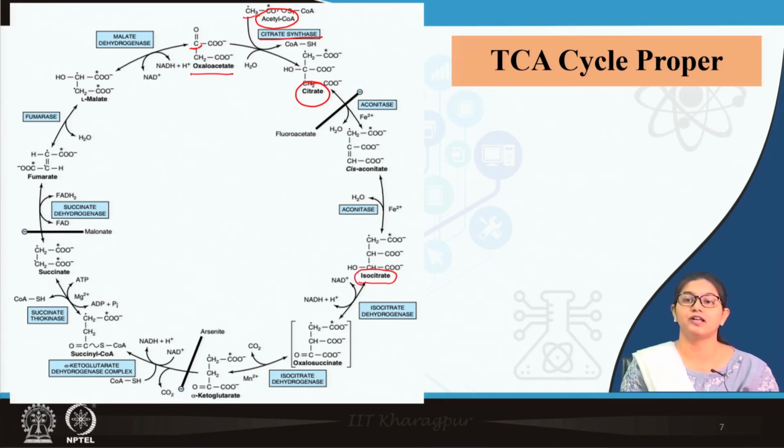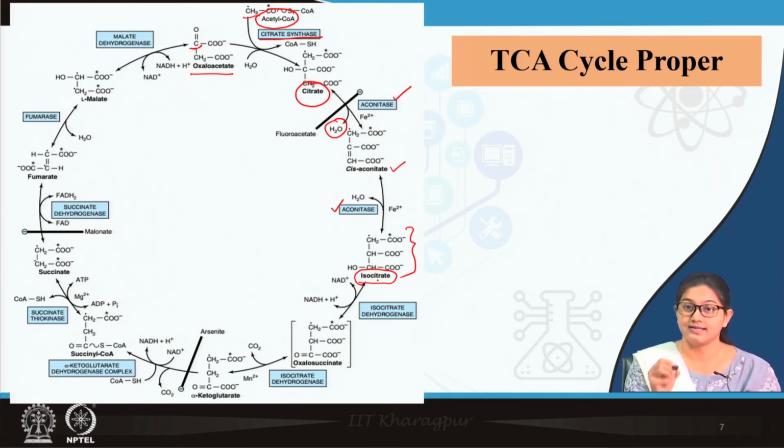This isomerization process is a 2-step reaction and the enzyme is aconitase. First, citrate undergoes dehydration to form cis-aconitate. Cis-aconitate once again undergoes rehydration to form isocitrate. So, this is the isomer of citrate.